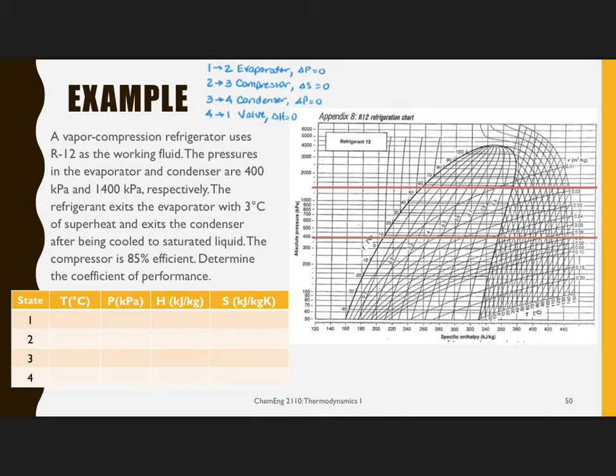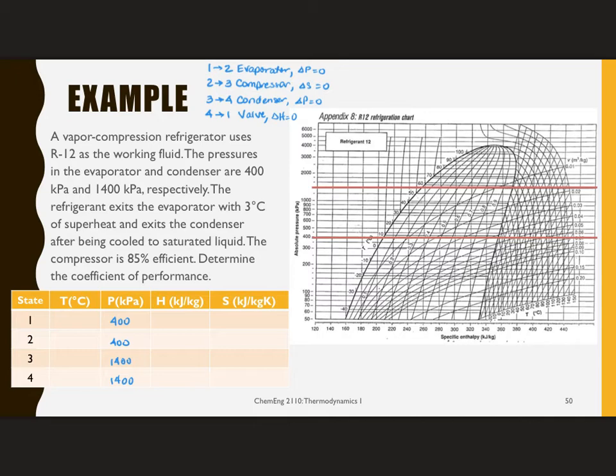But if we are doing this from the graph, our values are going to be a little rougher. The low pressure is going to be states 1 and 2, so 400 kilopascals, and 1400 for states 3 and 4 are higher pressure points.